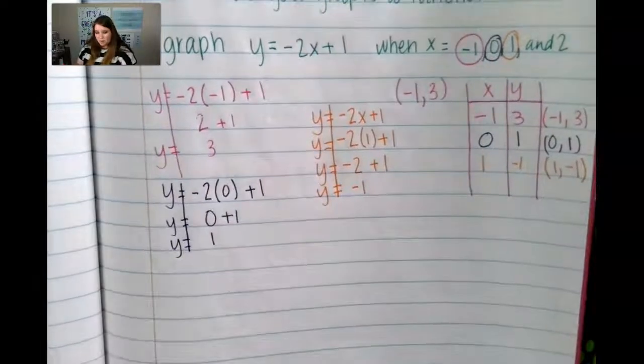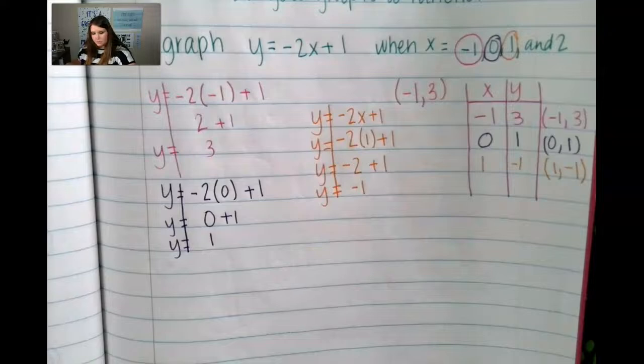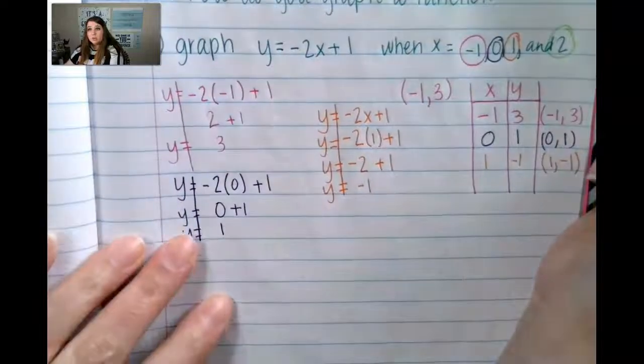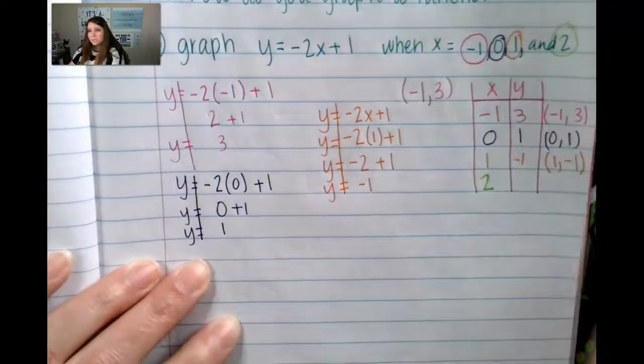Okay, last problem with this example here. I need another color. Okay, let's go with this green color. It says when x is 2. So we're going to solve again. When the input is 2, what's our output?